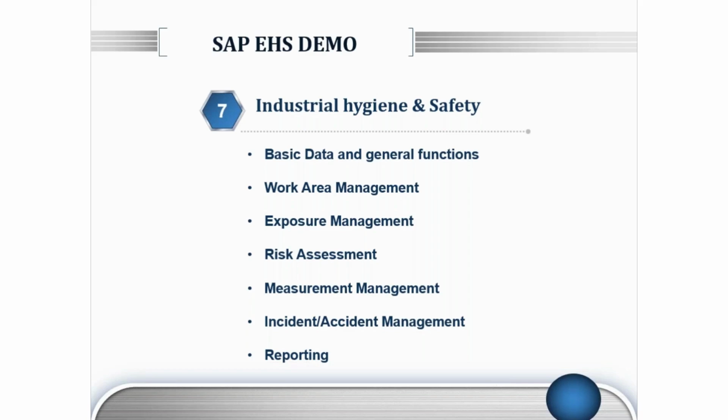And then finally, we'll also see work area management. So what is work area management? Any plant or company, if you want to effectively implement EHS measures, it cannot be done as one unit. You have to subdivide it into separate categories.